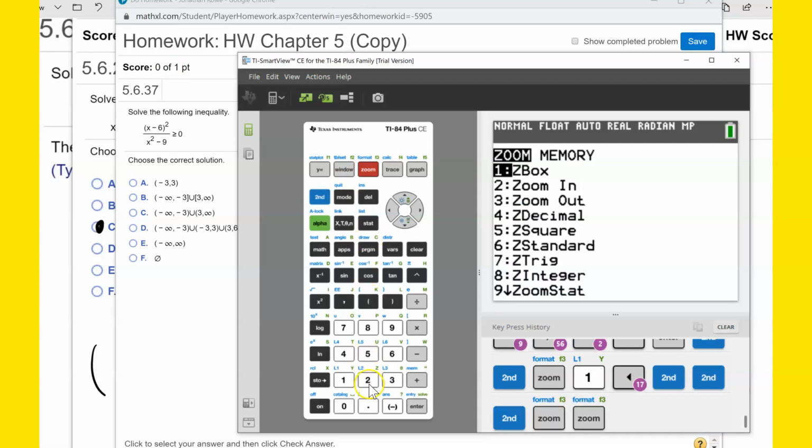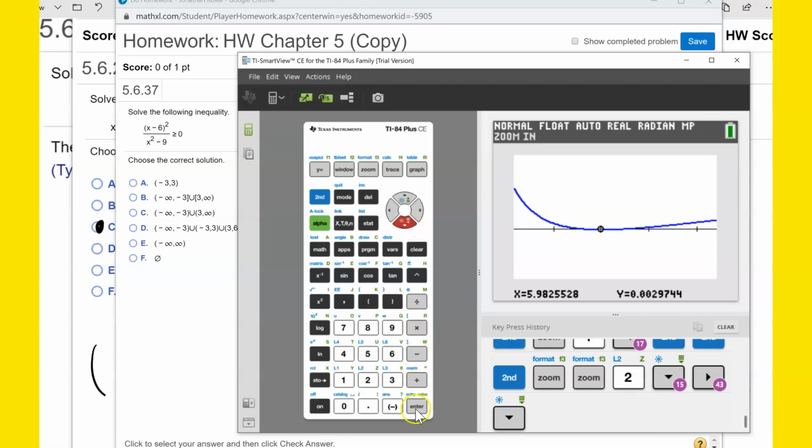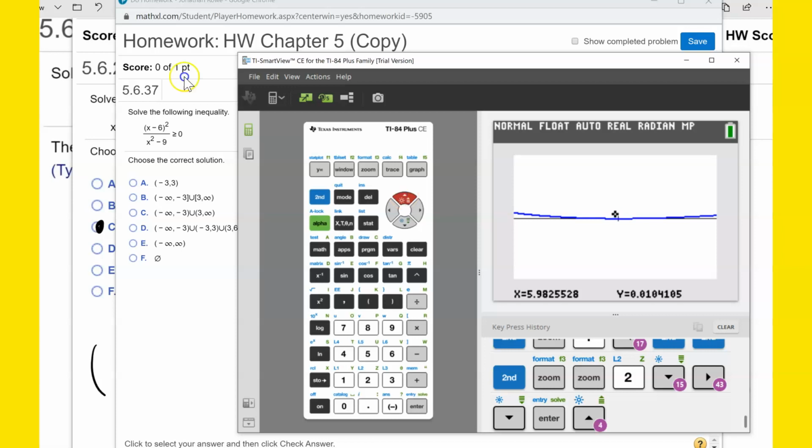If I hit zoom in option 2, I'm going to zoom in right there. If I can ever get there, it takes so long on this computer. And that kind of just confirms my suspicions that it just hits that x-axis right there.